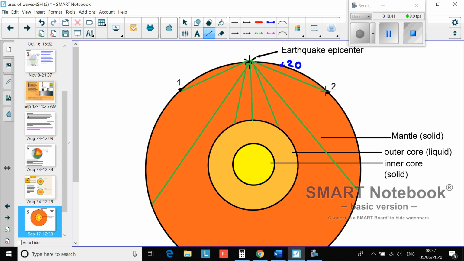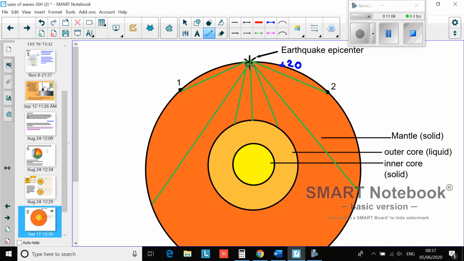So firstly, we would get to these earthquake receptors first. Okay. Now, really interesting thing they've told us is what happens when they meet a boundary, when they meet something which is a different density. Now, obviously, solids and liquids, this is solid, this is liquid, this is solid again, have different densities.